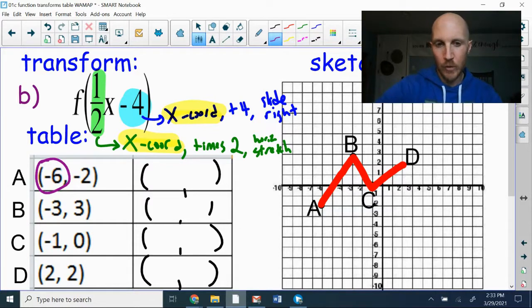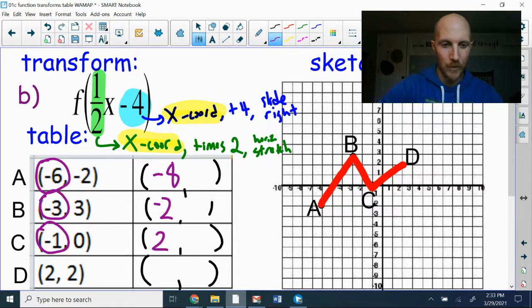So -6 times 2 is -12, plus 4 is -8. For point B, -3 times 2 is -6, plus 4 is -2. For point C, it'll be -1 times 2 is -2, plus 4 is +2. And for point D, 2 times 2 is 4, plus 4 is 8.